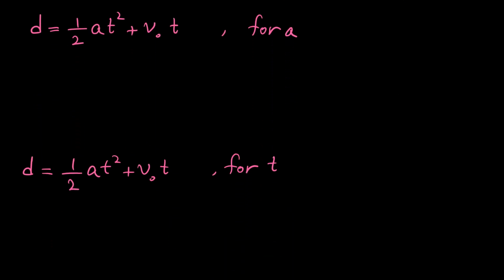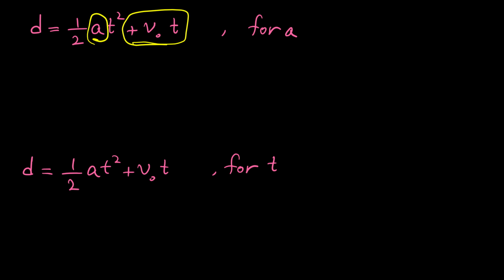Now look at these equations. We are given d, which is distance, equals 1/2 a t to the 2 plus v initial t, and we want to solve this equation for a. This is a famous equation in kinematics. The unknown that we are looking for is here. So this is like a number. What do we do with numbers? We move them to the other side.